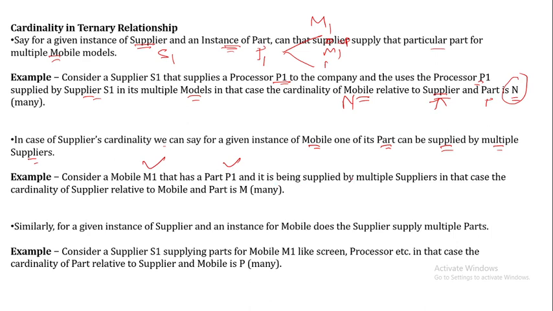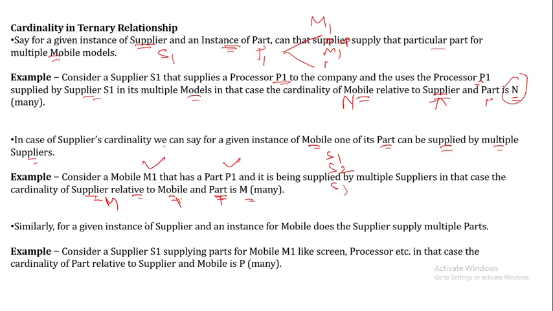It is being supplied by multiple suppliers, because a processor can be supplied by suppliers S2, S1 and S3. So in that case, the cardinality of supply relative to the mobile and part is many. Many means there are multiple suppliers who supply a particular part like a processor to a particular mobile. Here it is one, here it is one, here it is many suppliers.